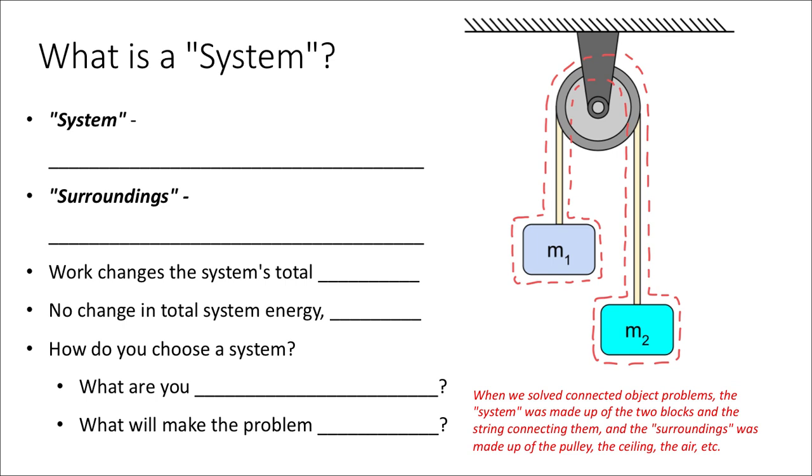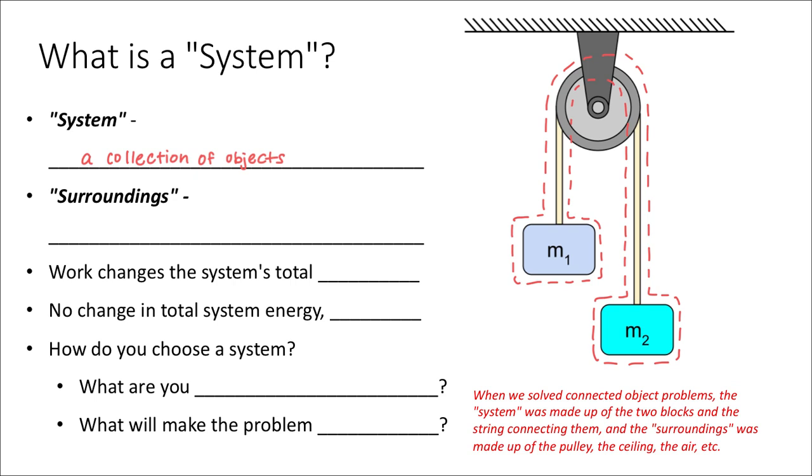Before we look at some examples of calculating work, it's important to first define what a system is. Work changes the energy of a system, and a system is nothing more than a collection of objects. When we solved problems involving connected masses in a previous unit, we considered the two masses and the string connecting them to be a system, or a collection of objects that we were interested in.